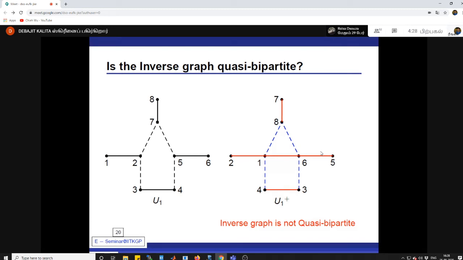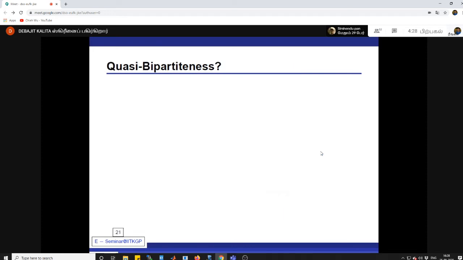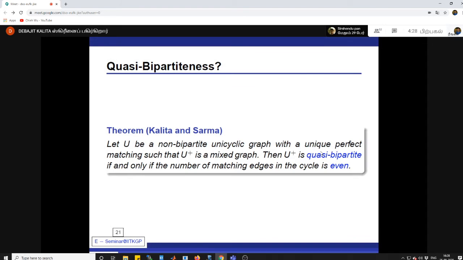So then the natural question comes: what are those U for which the inverse graph is quasi-bipartite, and what are those U whose inverse graph is not quasi-bipartite? This theorem tells us the answer. Suppose that U is a non-bipartite unicyclic graph with unique perfect matching, so that U plus is a mixed graph.